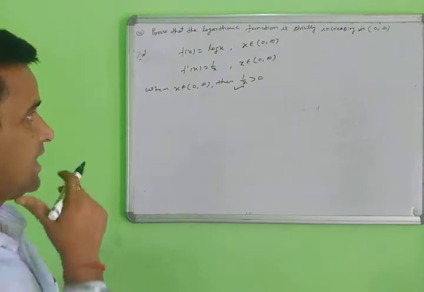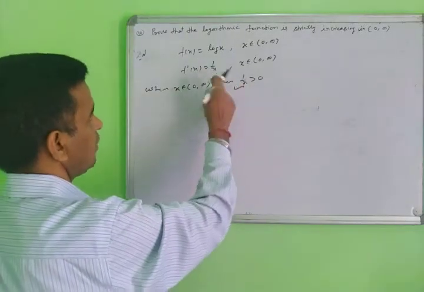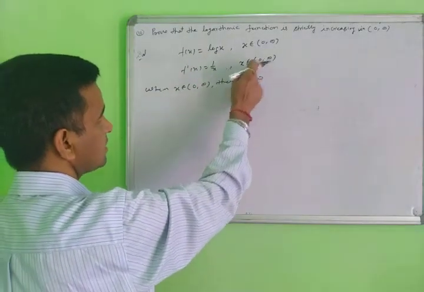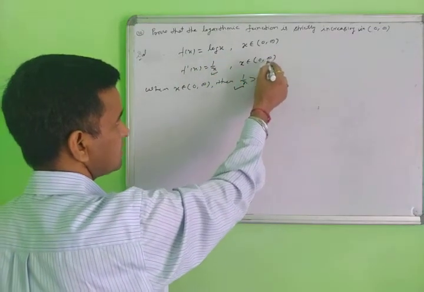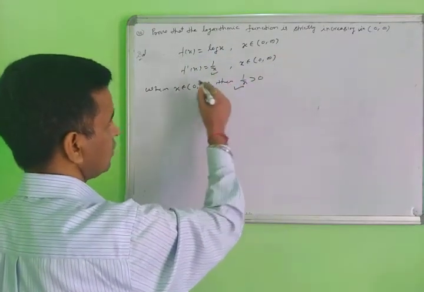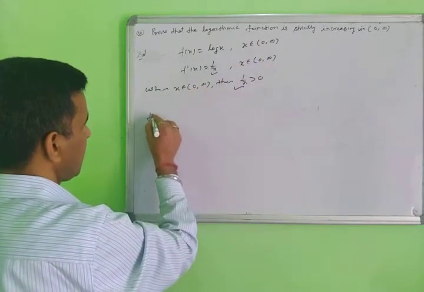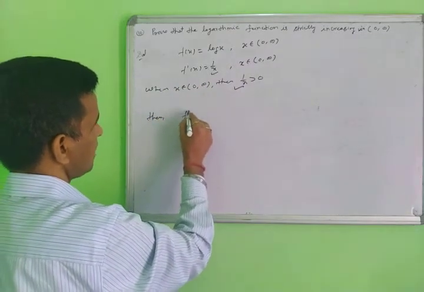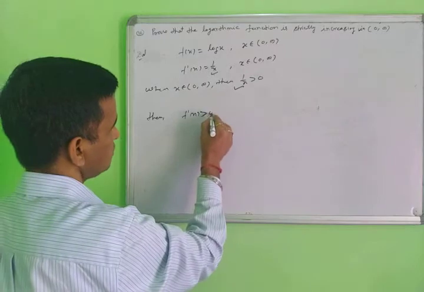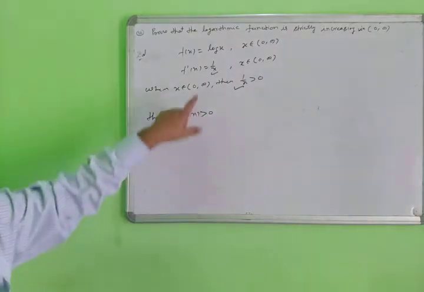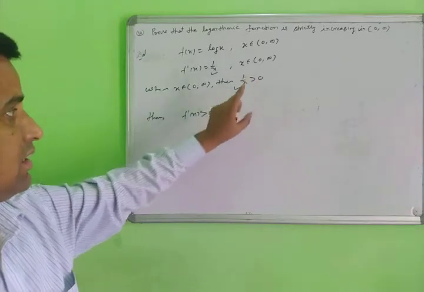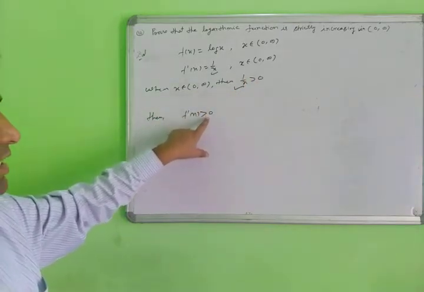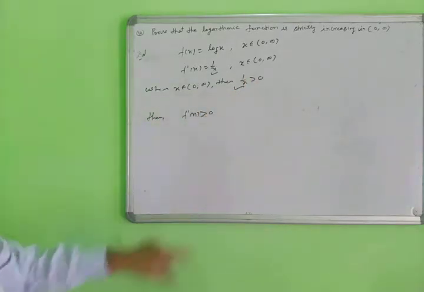So this is greater than 0. The value of 1 by x in this interval is always greater than 0. Then you can say f dash x is greater than 0. The value will not come 0. If you put 1 upon 0, then this is infinite. But here the value comes greater than 0, not with an equal sign.